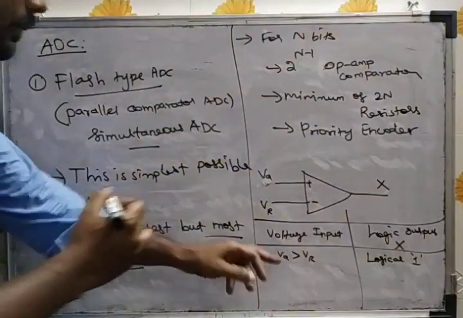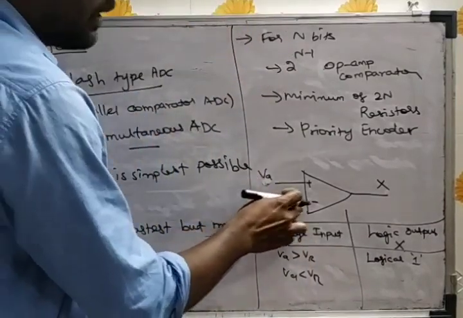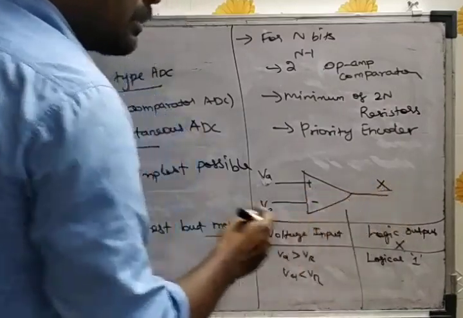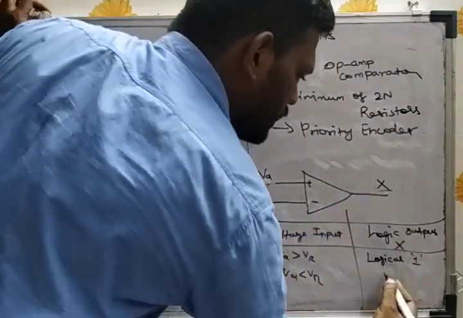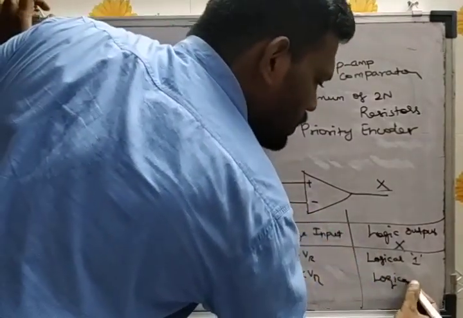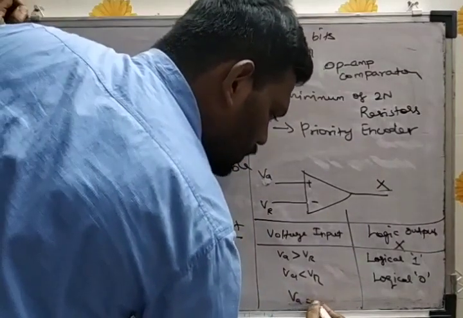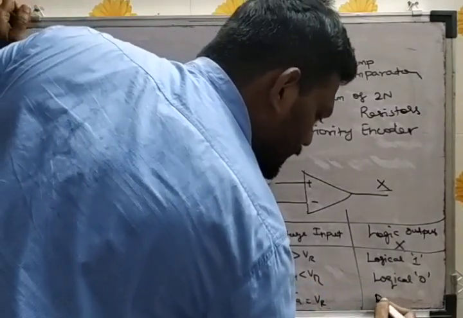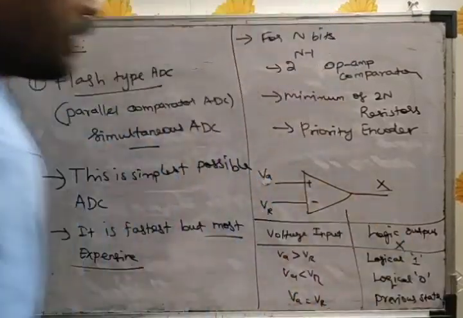And if VA is less than VR, the input voltage is less than VR, so VR is high, X goes to minus V saturation, and we take the logic output as 0. If VR is high, it corresponds to logical 0. And if VA is equal to VR, the input voltage is equal to the reference voltage, it holds the previous state.